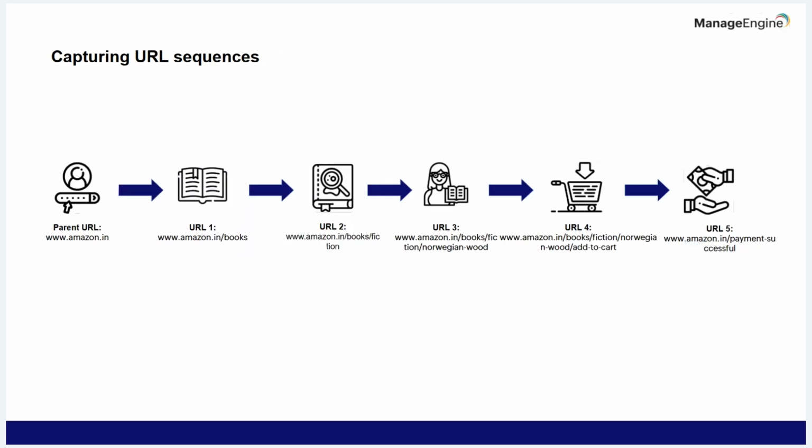Let's say I want to track a sequence of my URL transactions. Yes, we do have a URL sequence. You log into a URL, you provide some information, you add a product to a checkout list, and you make a payment. You want to track this complete step-by-step sequence for front-end basic level monitoring. Yes, you can use a URL sequence to achieve that.